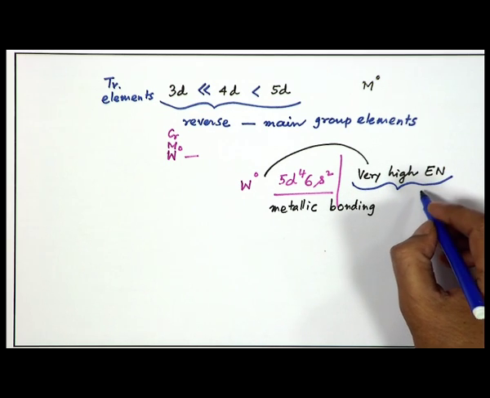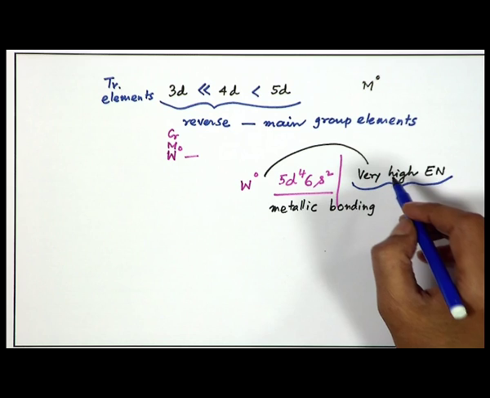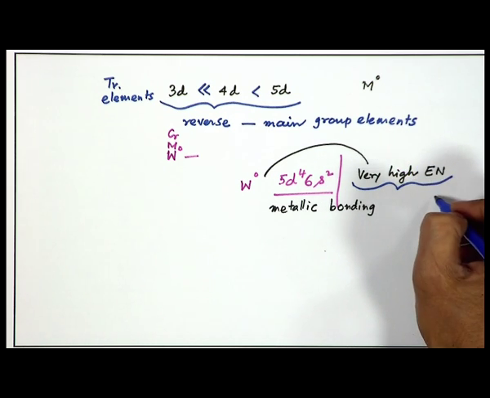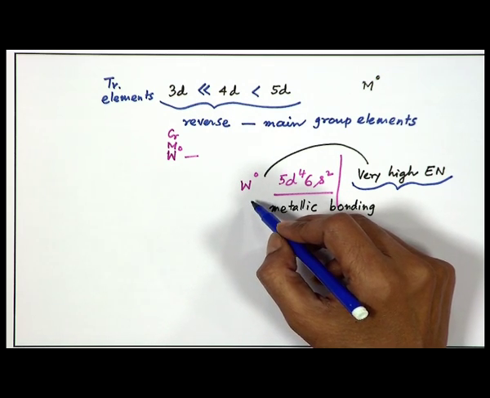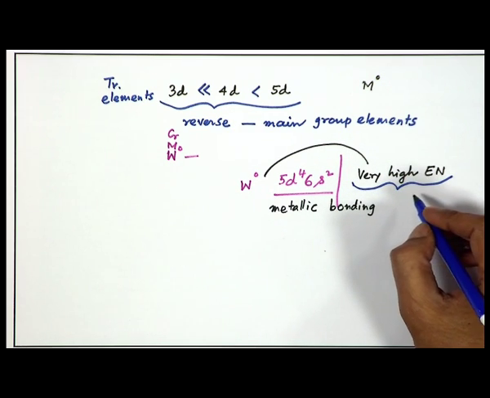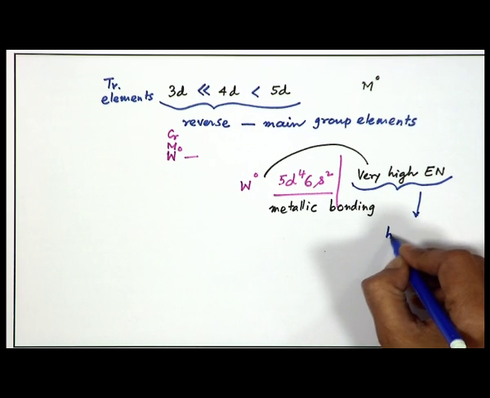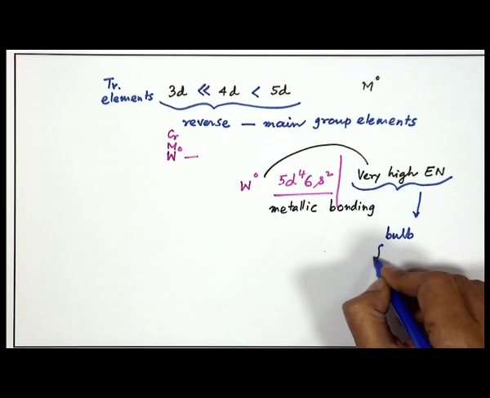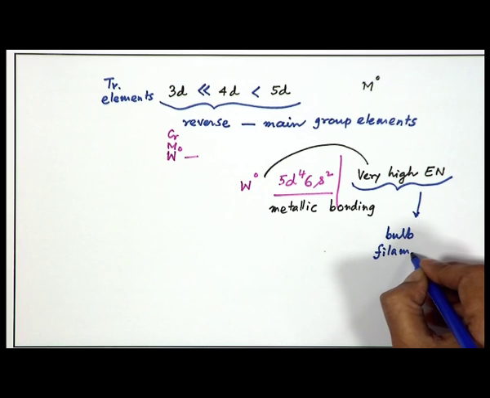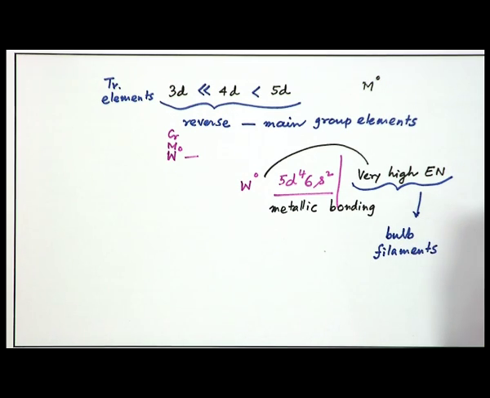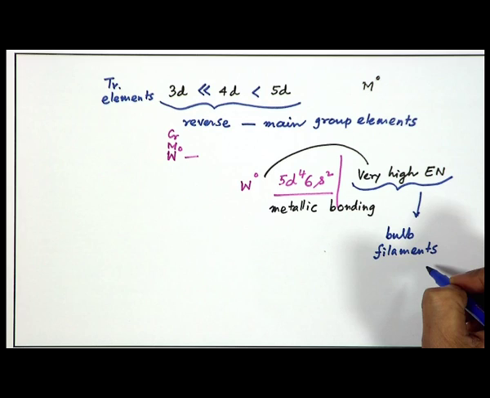We know that they have a very high melting point and high boiling point. So, metallic tungsten will have very high melting and boiling points, and as a result it can be utilized for making the bulb filament. For incandescent lamps, we use tungsten as the material for making these bulb filaments.